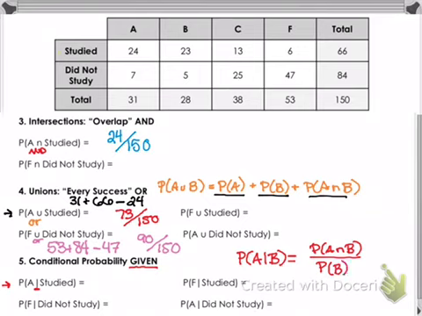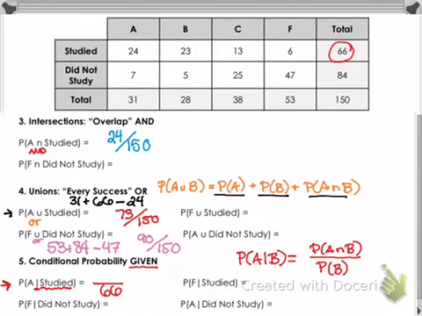Okay, so what we're going to do here for our first one right here, for number 5, the probability of A given studied. First and foremost, this is not going to be out of the total. This is going to be out of how many people studied. So we're going to go figure out how many total people studied. Well, 66 total people studied. That's what's going to be on the bottom. So the bottom piece is always the one we already know. What goes on top then is that overlap I showed you.